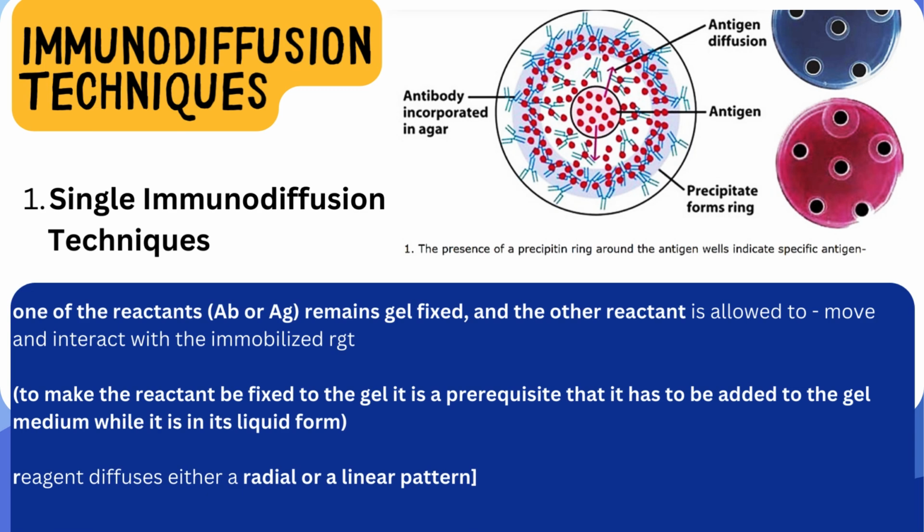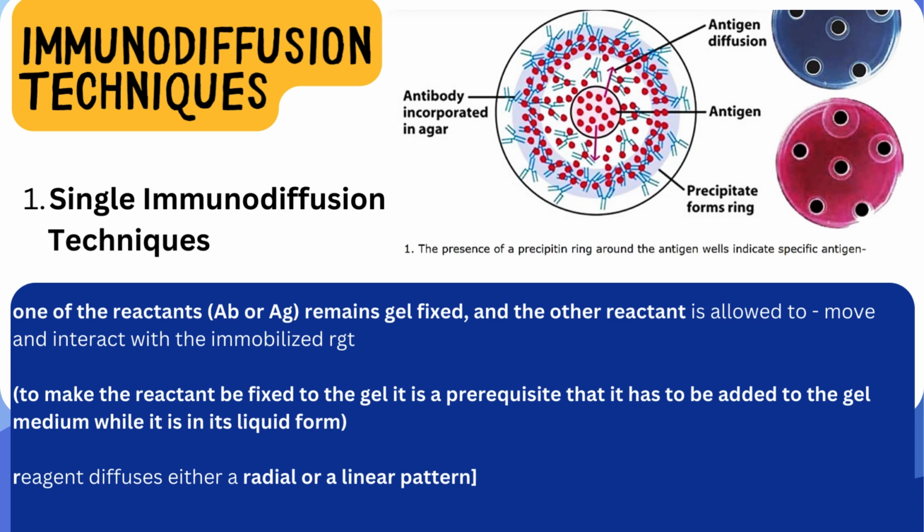In this process, one reactant, either the antigen or an antibody, is incorporated into the agar, meaning it is immobilized in the gel, while the other reactant is free to move and interact with it.